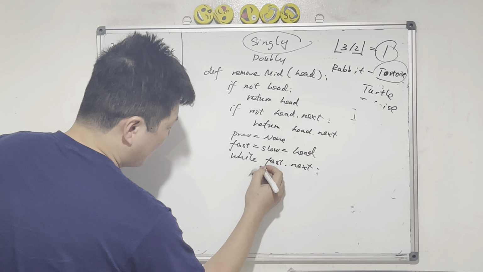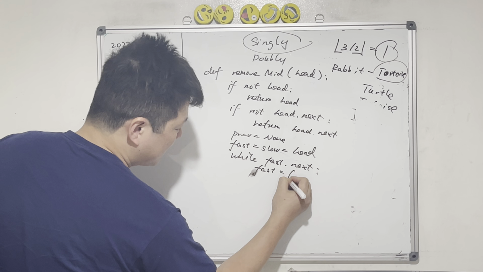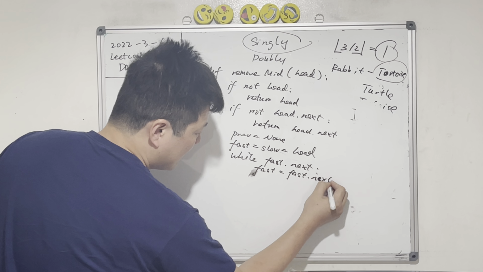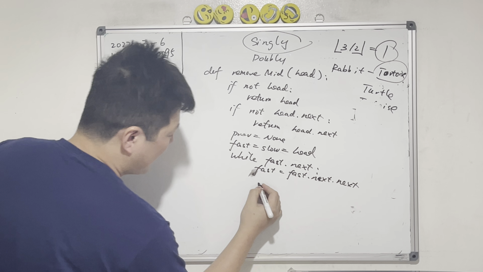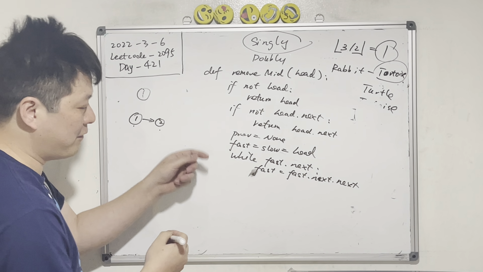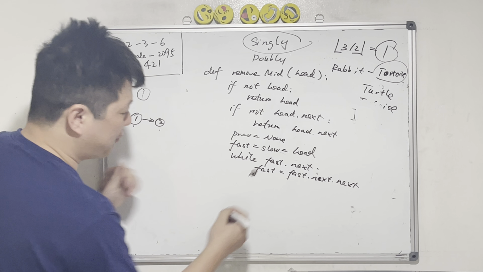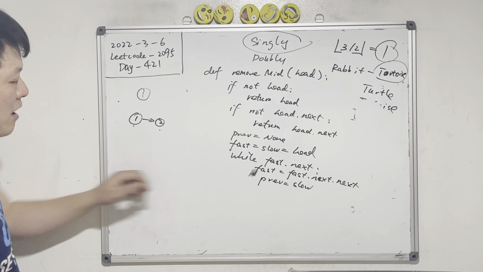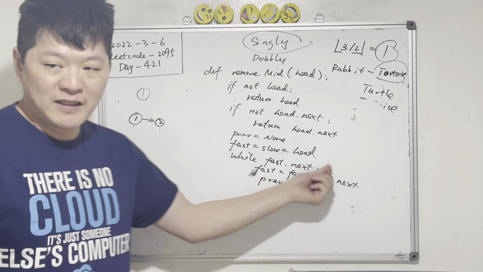Fast moves 2 steps at a time, fast = fast.next.next. And before we move the slow, we need to store the value of current slow into the previous. So previous equals slow.